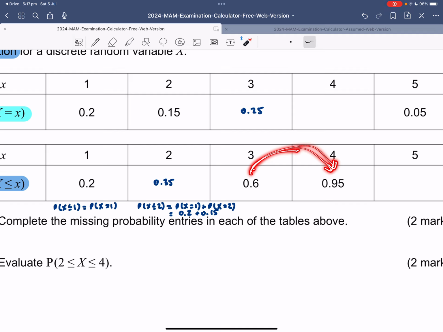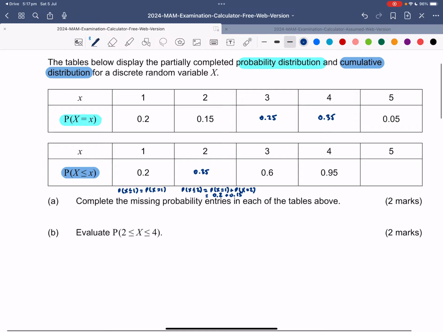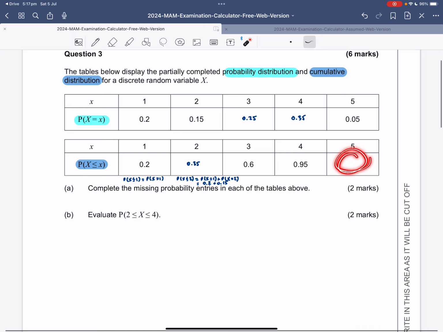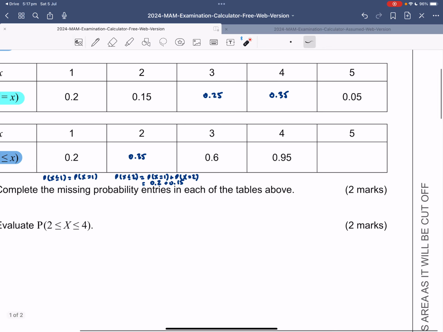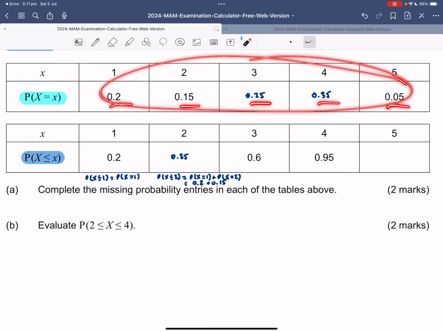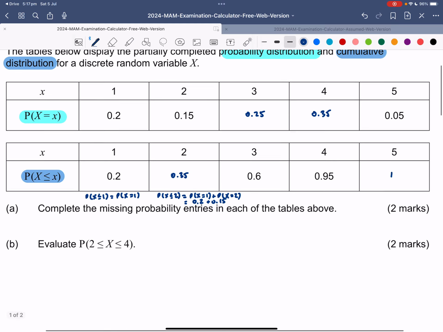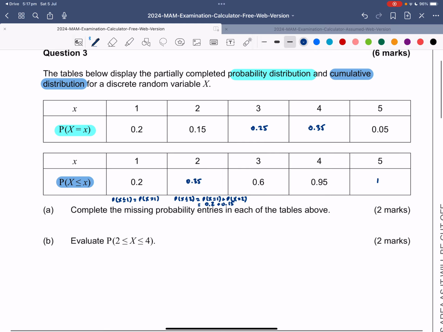That is effectively 0.95 minus 0.6, which gives us 0.35. And then obviously the probability that x is less than or equal to 5 is all of them added up together, which should equal 1. So therefore, that's 1. Okay, easy. So 2 marks for filling in the table, as long as you realize one was the probability up to that point, and the other one was simply the probability itself.